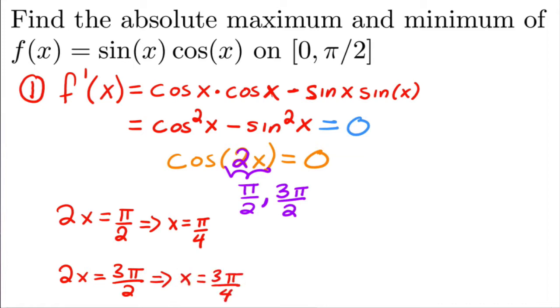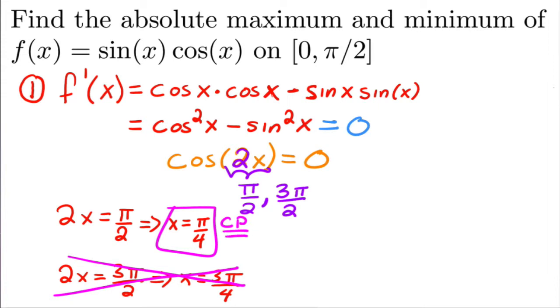So notice that in this case, even though cosine is going twice as fast, this 3 pi over 4 is past pi over 2. So this isn't actually one of the values I'm going to use. But you always want to go past whenever you have either a double or a triple angle inside of the trig function. So my only critical point is pi over 4.